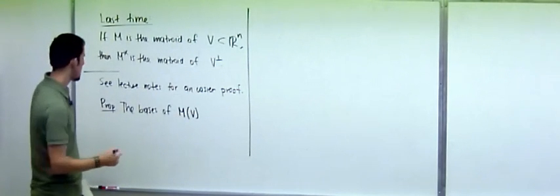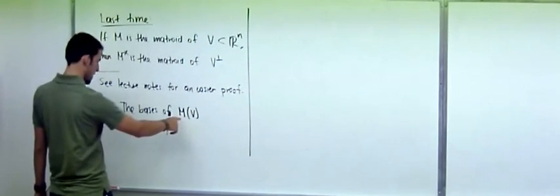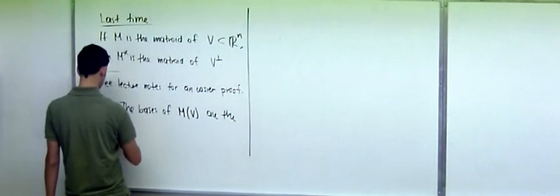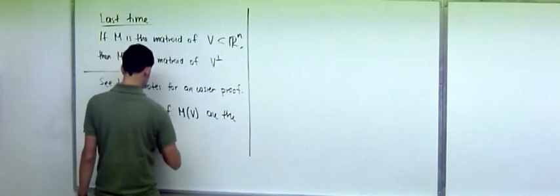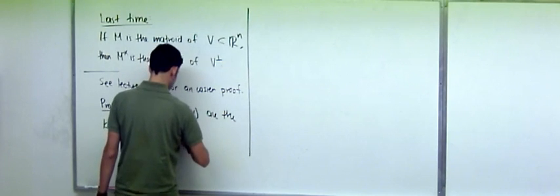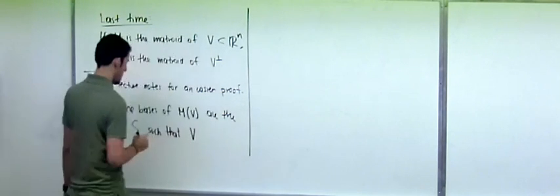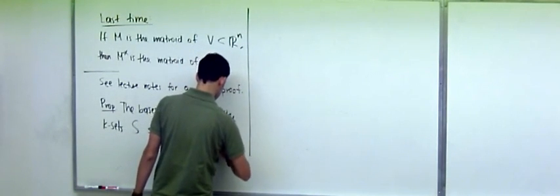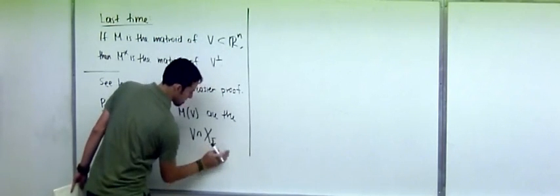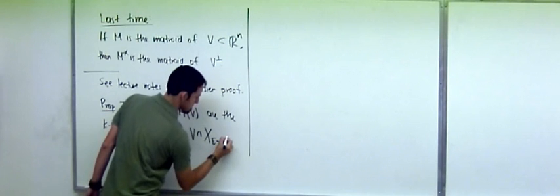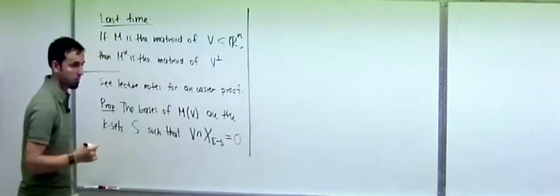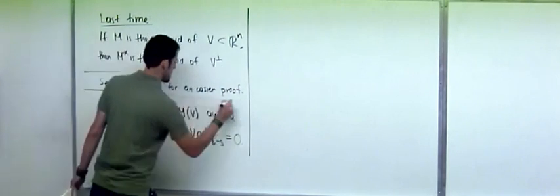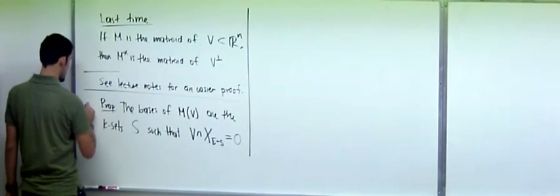But there's an easier way of saying that, which is that the bases of M of V are the K sets S such that if you intersect your V with what I called X_{E minus S}, you just get the origin. Okay? So remember, V is k-dimensional. So K is the dimension of V.